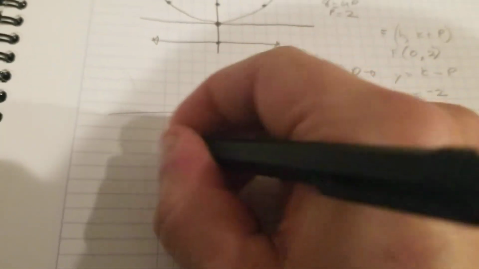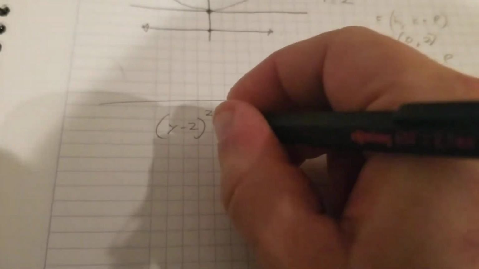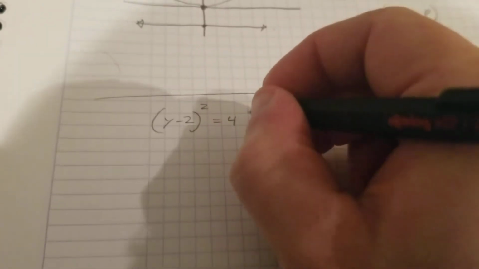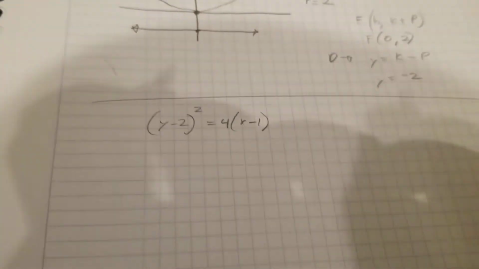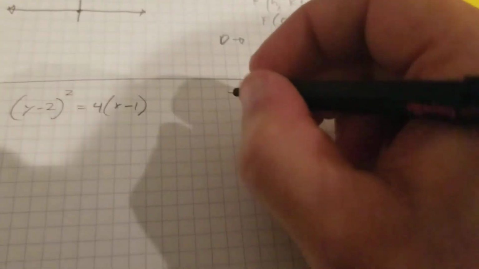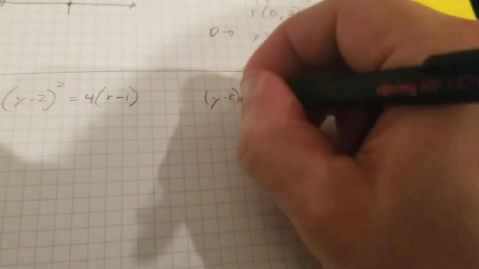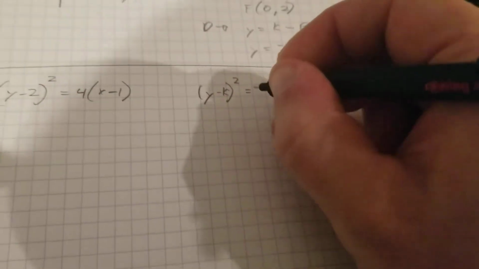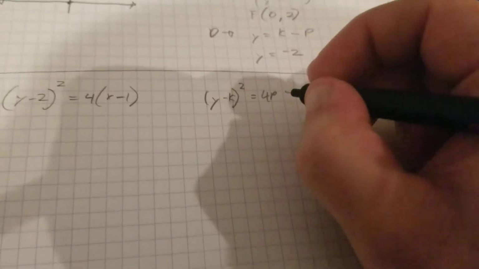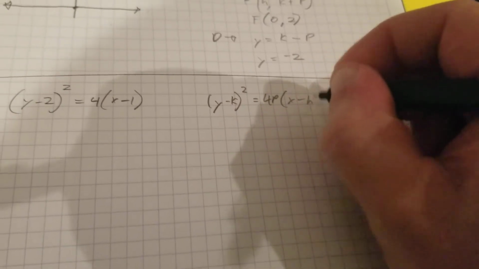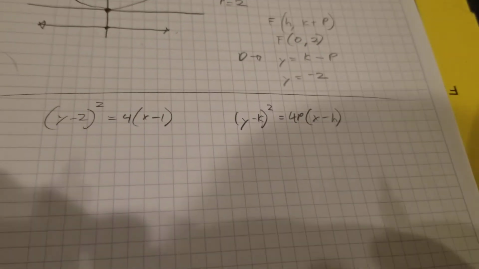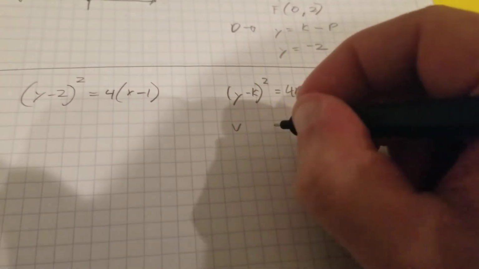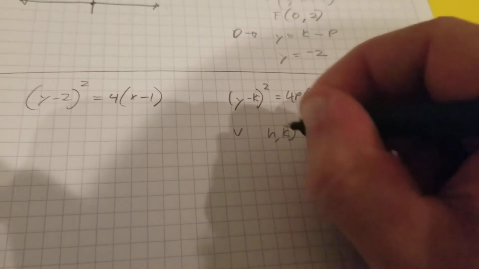This one is going to be (y minus 2) squared equals 4 times (x minus 1). The form for this is (y minus k) squared equals 4p times (x minus h). So the first thing we're going to find here is our vertex. Again, that's h and k.